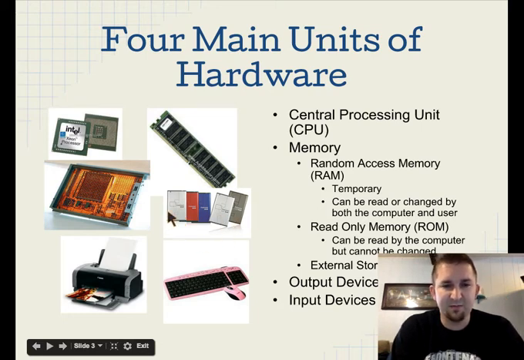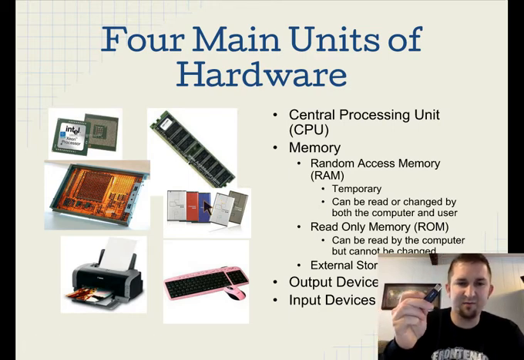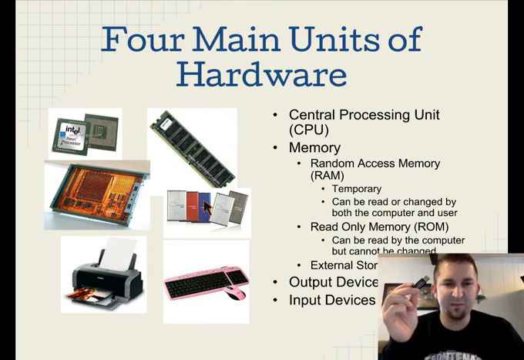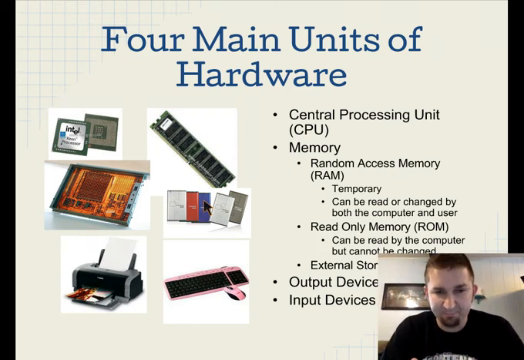That's what this little icon here is. And we now have these little flash drives, which we've seen around for quite some time. These are another part of memory that we can put information on, and it is a type of ROM. It's stored and doesn't disappear unless you hit delete.